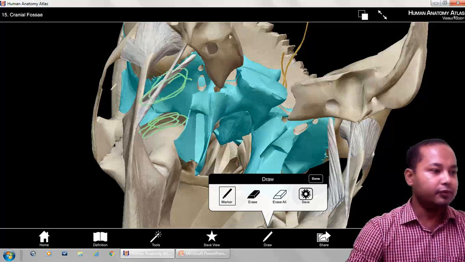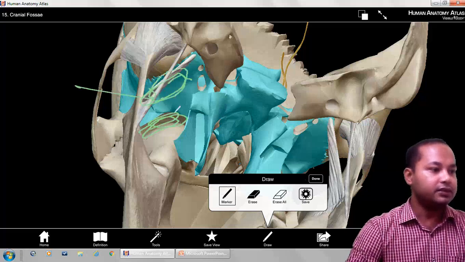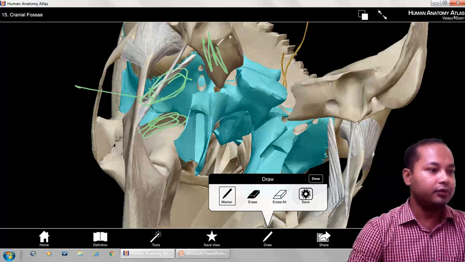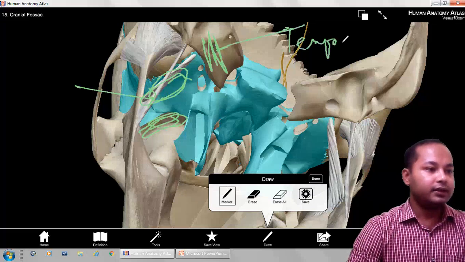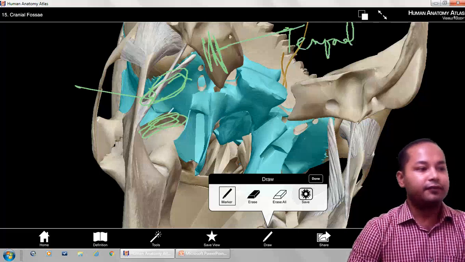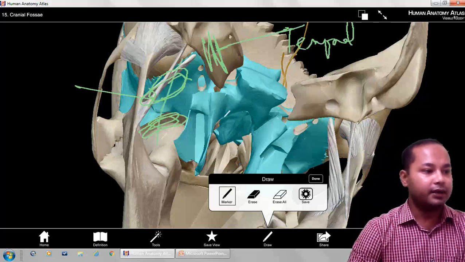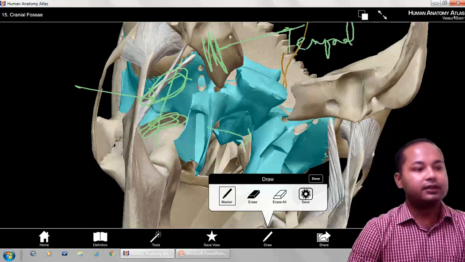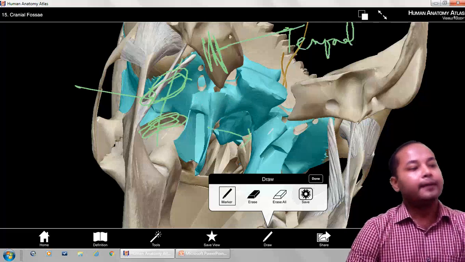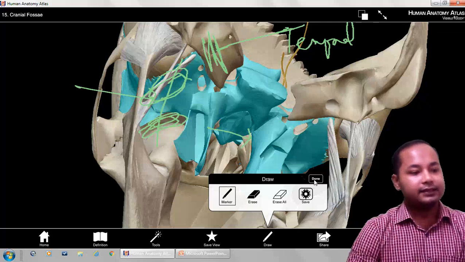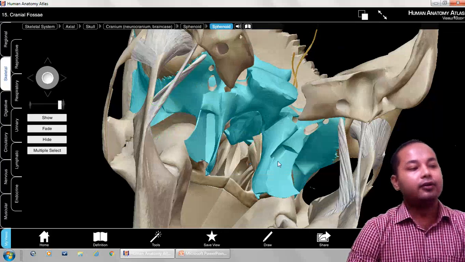This is the temporal bone, right? So this is the sphenoid bone. This is the temporal bone. Below this temporal bone is the infratemporal fossa, this entire part, and just in front of the pterygoid processes, this is the pterygopalatine fossa. Okay, so this is the cavity basically it is dealing with from the infraorbital fissure.